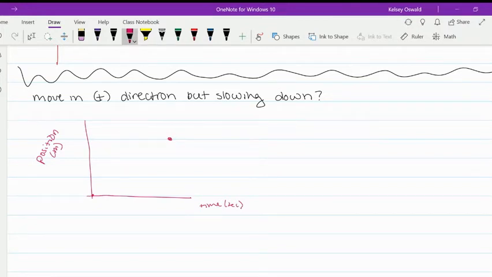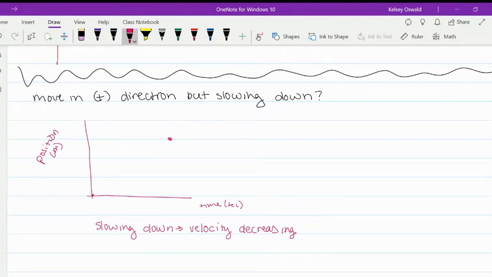However, if we are slowing down, that tells us our velocities are getting smaller. Our velocity is decreasing. And we know we can find our velocity from our position time graph by looking at the slope.